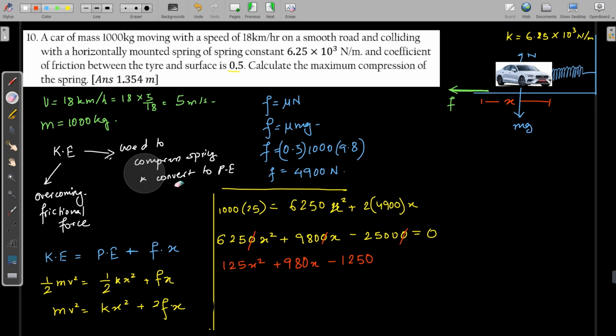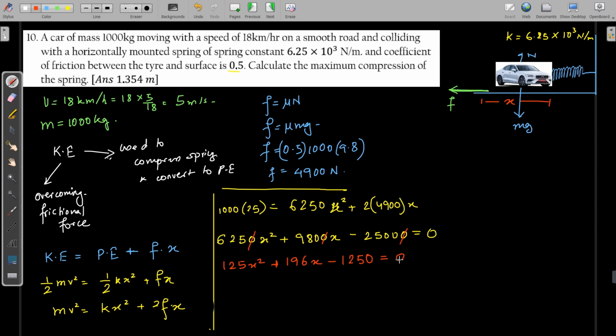Oh, sorry, why should it be 980? I'm dividing by 5, right? So if I'm dividing by 5, we are getting how much? Sorry, 196. So 196x minus 1250 is equal to 0.